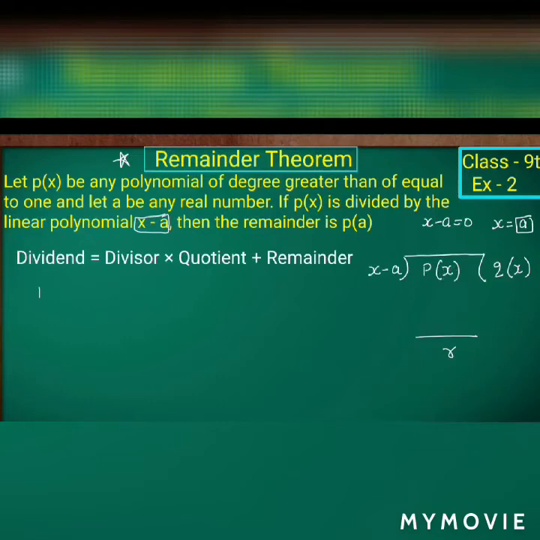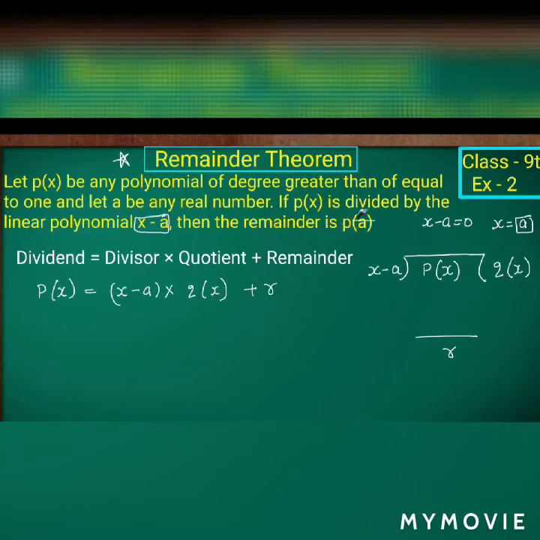If I take x minus a equal to 0, x becomes a. So dividend is equal to divisor into quotient plus remainder. We substitute everything in the equation: p of x is equal to x minus a into q of x plus r.